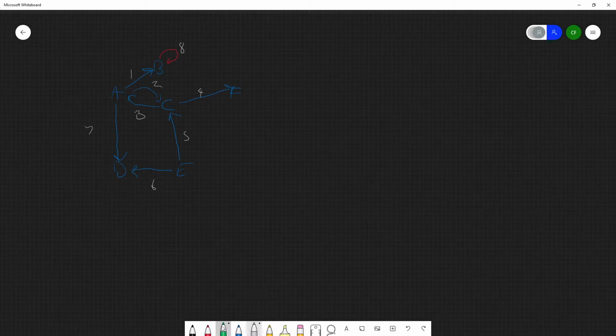The way this works is, rather than the matrix being nodes by nodes, it's nodes by edges. So we have the nodes on the top, A, B, C, D, E, and F, and then we have 1 through 8 at the bottom, referencing each of the different edges.